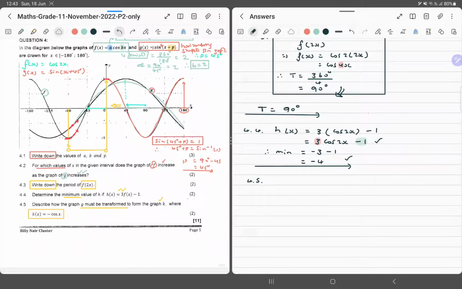So to do this is very easy. We can see that if we took, for example, our sine graph and shifted it 45 degrees to the left, it essentially becomes what we want.